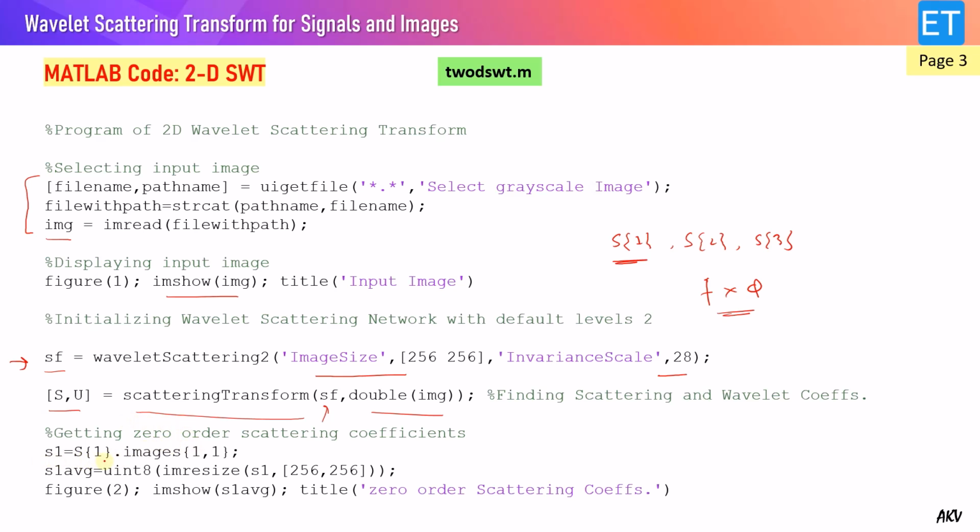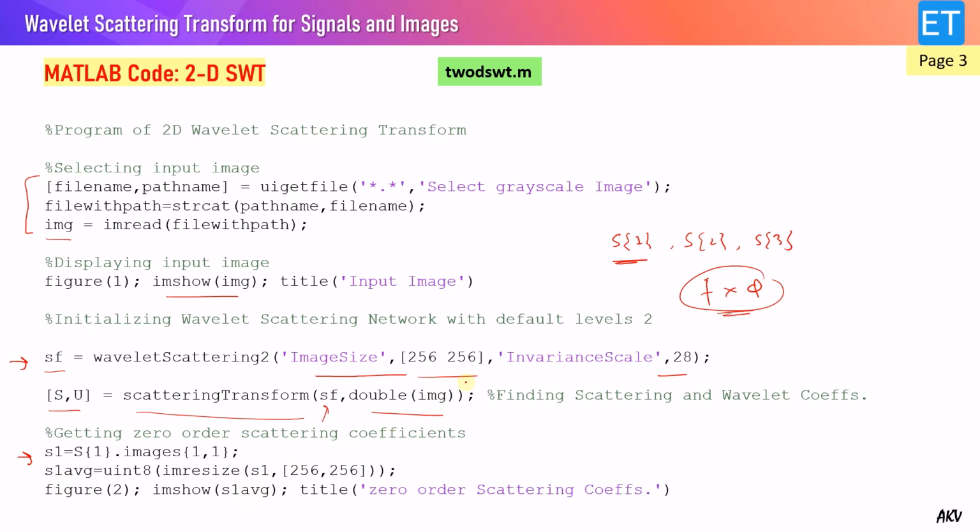So S1 dot image is 1 1. It means all those f convolution phi t are low frequency coefficients because of the smoothing, so they all go to S1. And because of the downsampling, their size is small. I get a small matrix instead of 256 by 256.